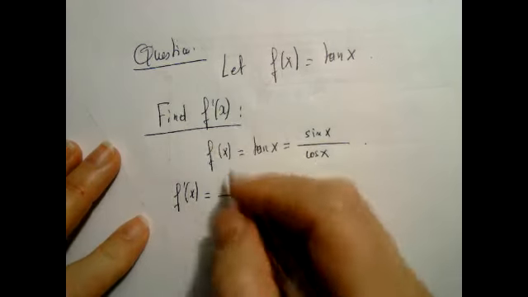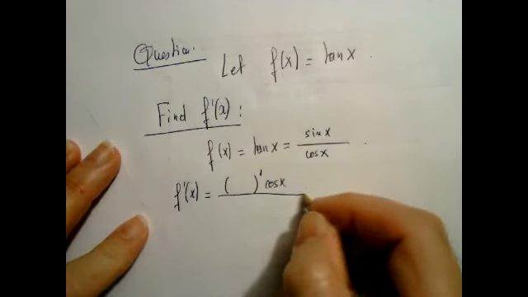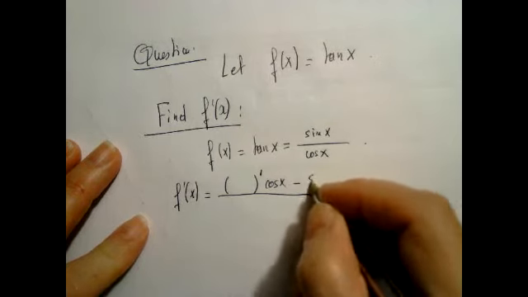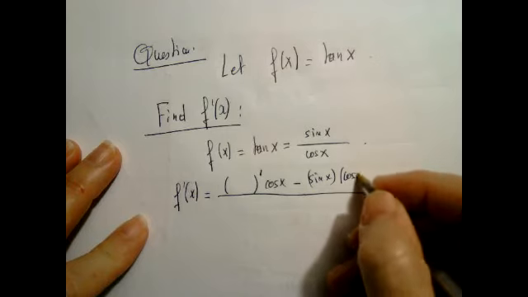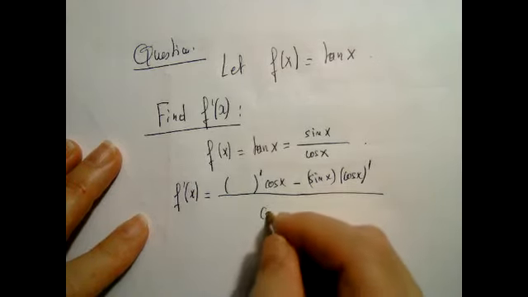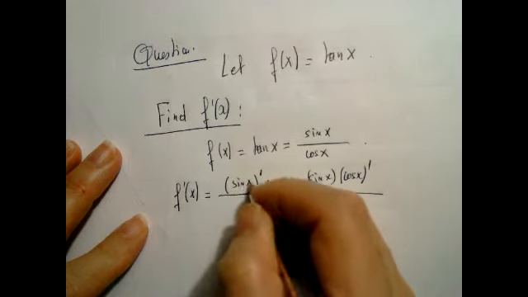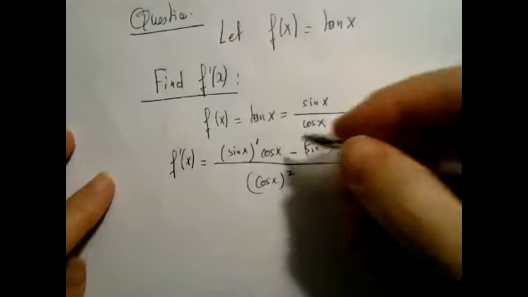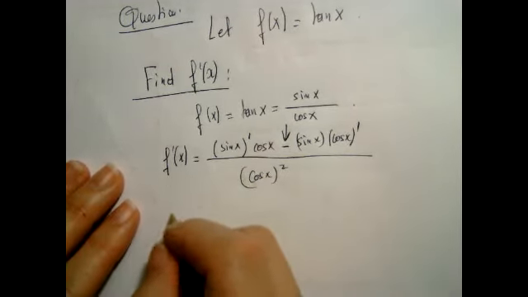The derivative of the sine times the cosine minus the sine times the derivative of the cosine, and the whole thing divided by the cosine square. Sorry, this is the sine. So remember the quotient rule has a minus, and the product rule is a plus.